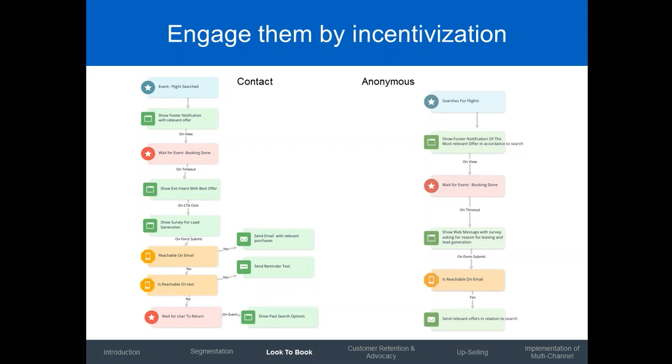So based on an event, there would be the option of multi-level, multi-channel communication. At a certain level, you could send an email, and it's all yes, no, and you can decide the flow chart.